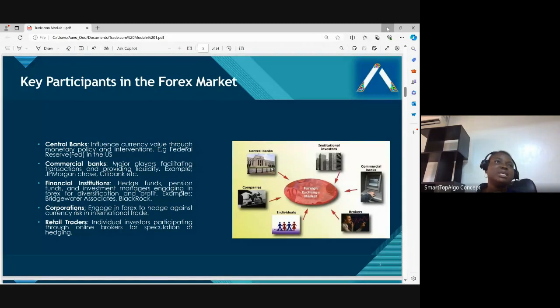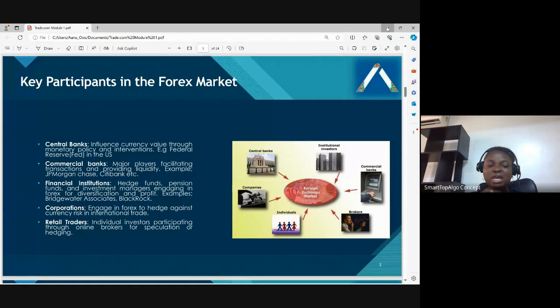When the demand for a particular currency increases, automatically the price begins to go up. But the central bank doesn't want it to continue going up as a result of demand and supply. Why? Because when the value of their currency goes too high, it reduces foreign investors coming to invest. So over time, it brings a negative impact on their economy.